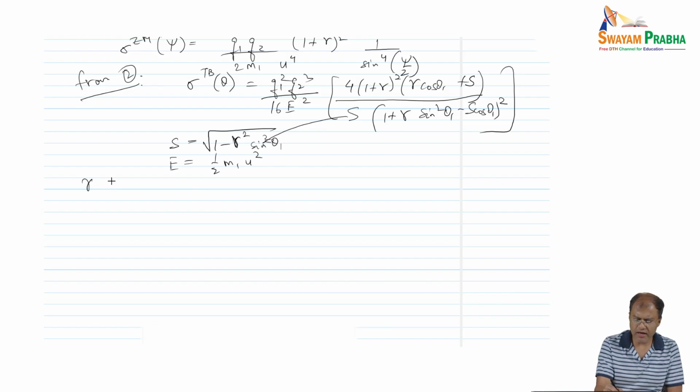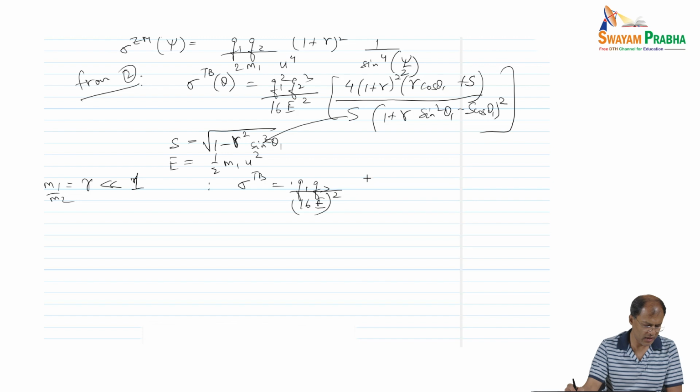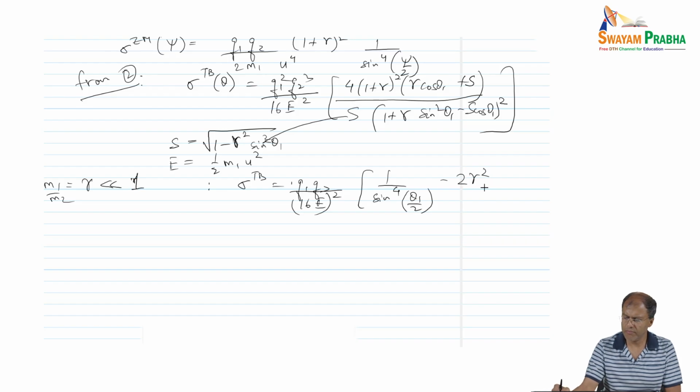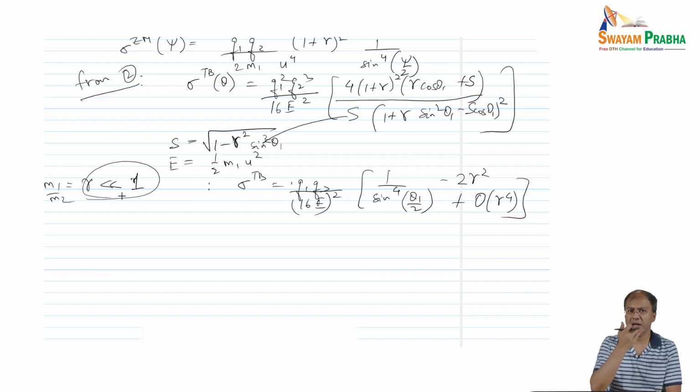So when gamma, which is m1 by m2, is much less than 1, sigma TB is q1 q2 by 16e whole square, we have 1 minus sine to the power 4 theta 1 by 2 minus 2 gamma square plus some higher order terms in gamma, which we are going to neglect in this particular assumption where gamma is a small value.